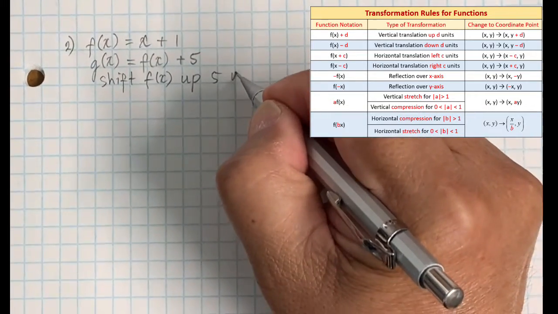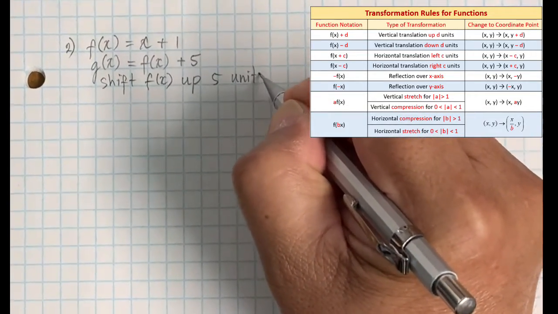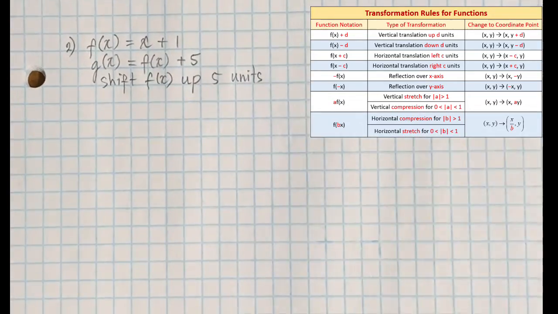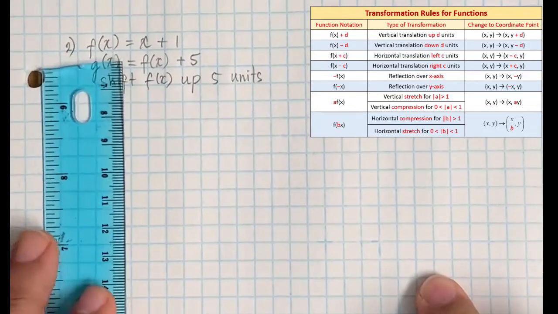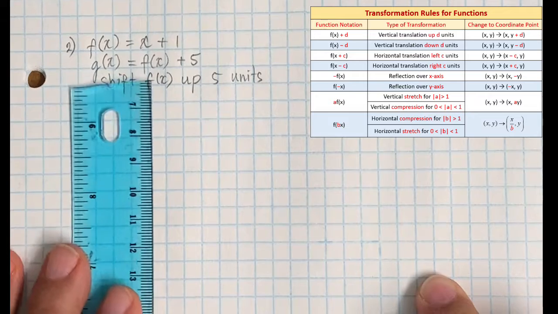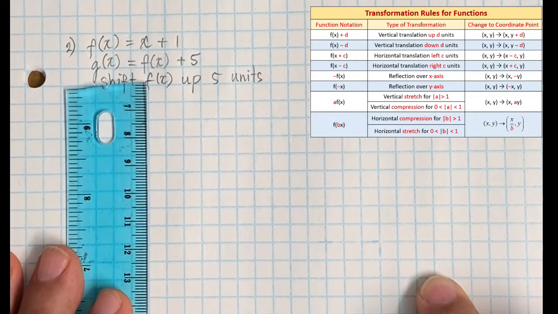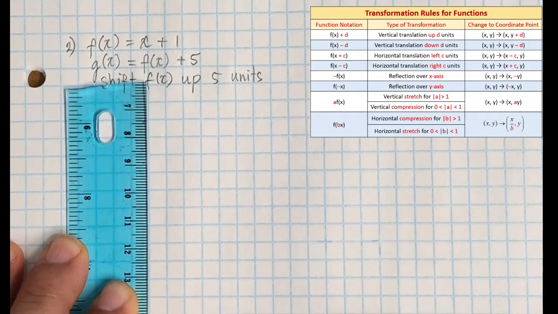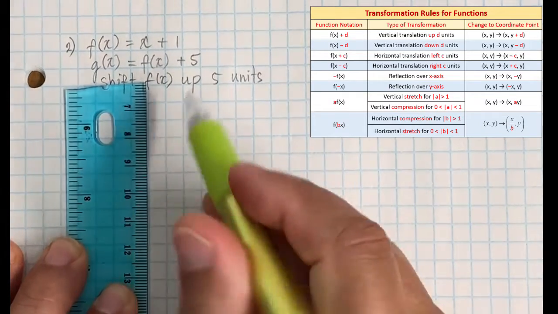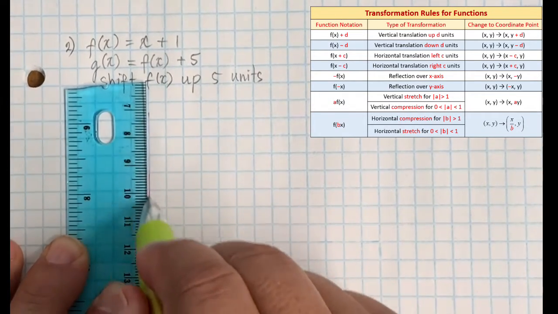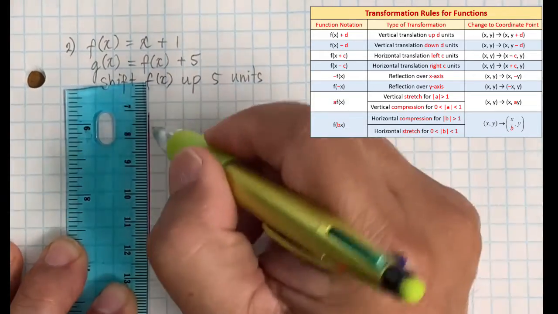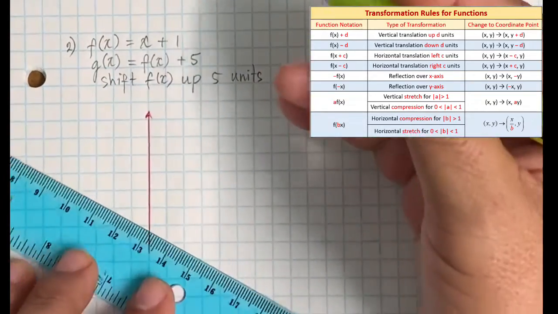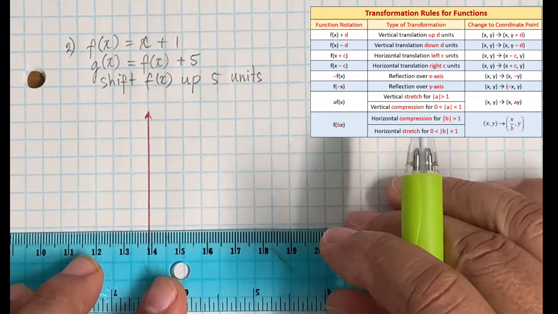So we graph f of x and then move it up by 5 units. So this is the y-axis. And then we're going to draw the x-axis.